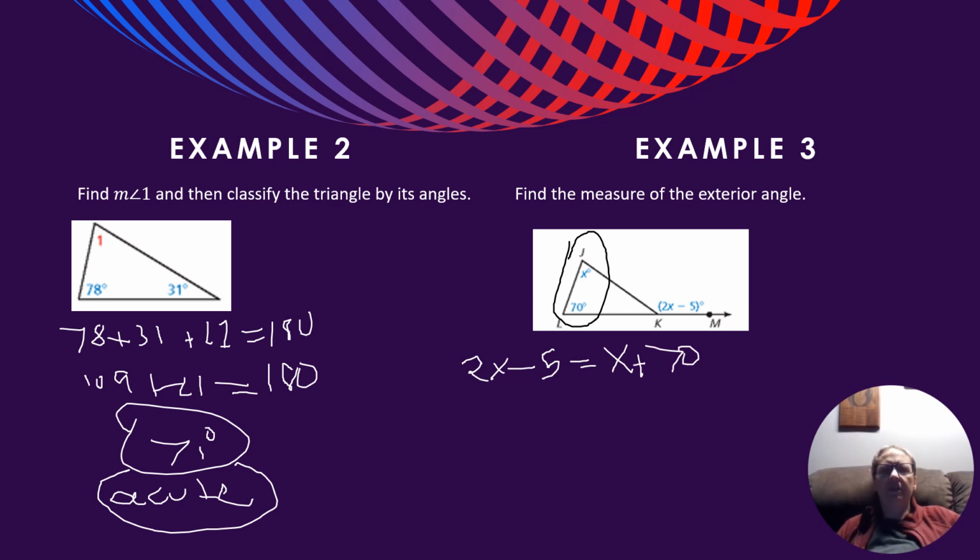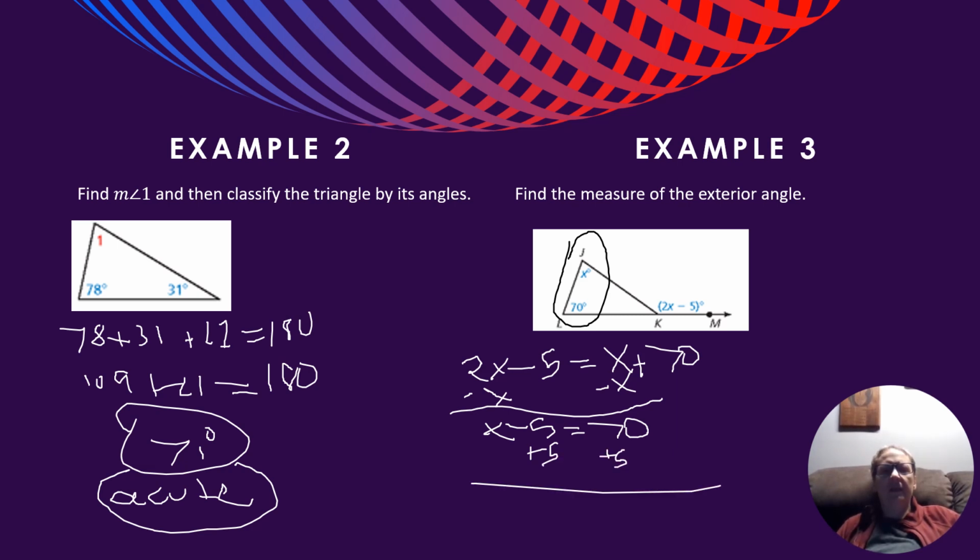So I can use that to solve for x. I'm going to subtract x from both sides. So I get x minus 5 equals 70. Add 5 to both sides. And I get x equals 75.